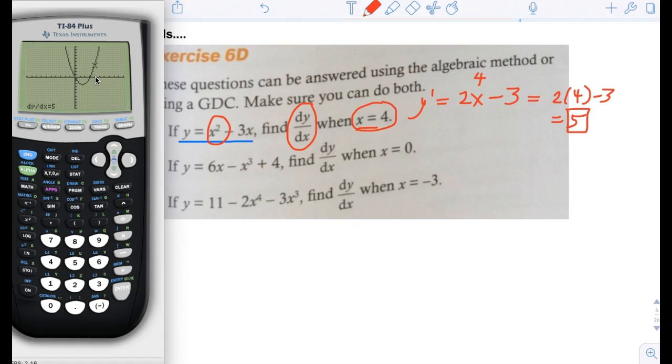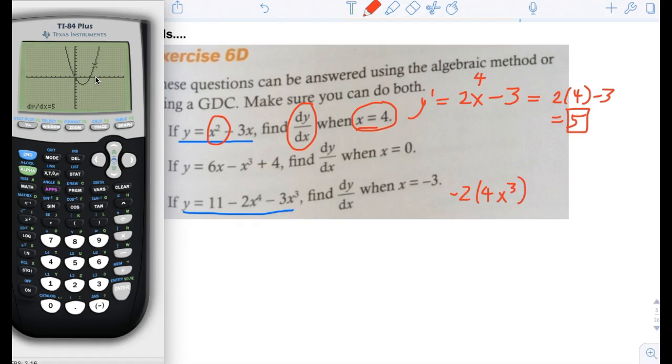Okay, let's do number 3. So number 3 has the blue function given, y equals 11 minus 2x to the 4th minus 3x cubed. We could either take the derivative and find the red function, and the derivative of 11 is 0. The derivative of negative 2x to the 4th is negative 2 times 4x cubed.